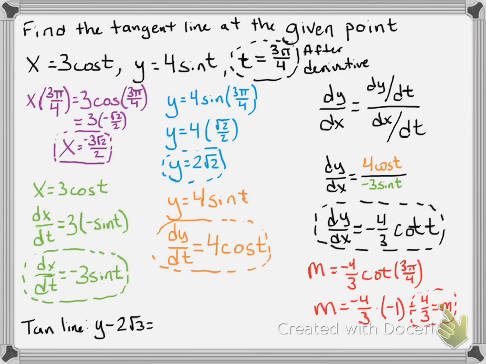M is positive 4/3, times x minus my x value. My x value is up there in purple, negative 3 radical 2 over 2, and so the two negatives will make that a positive 3 radical 2 over 2. And there's my final answer, the equation of my tangent line with a parametric equation.